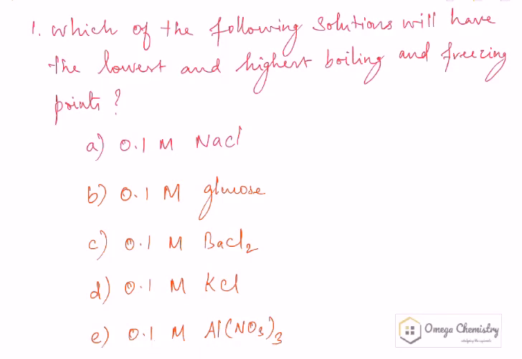Now, 0.1 molar sodium chloride will provide 2 into 0.1 into Avogadro number of particles, because it will dissociate as sodium ion and chloride ion. Glucose, being a non-electrolyte, will give only one particle, so 0.1 into Avogadro number of particles.